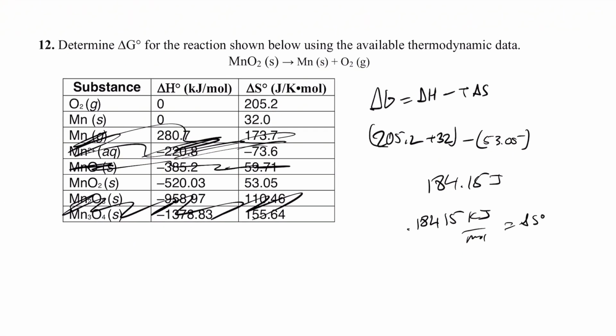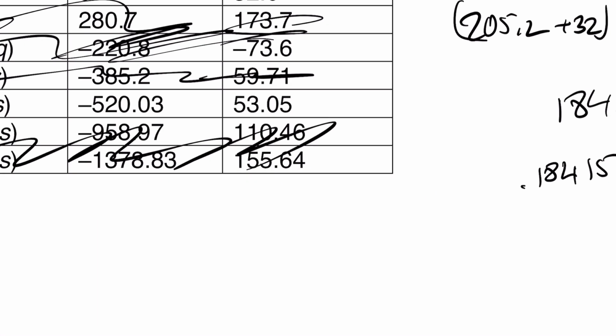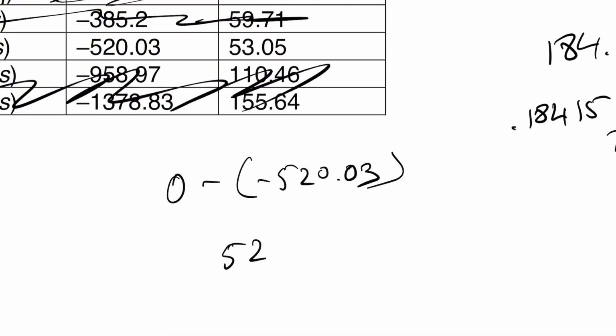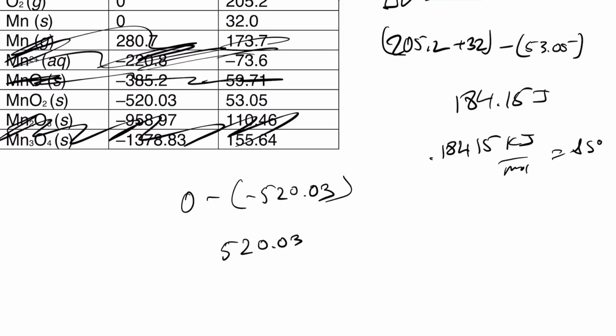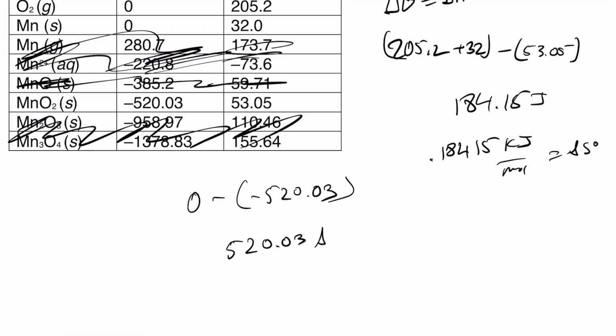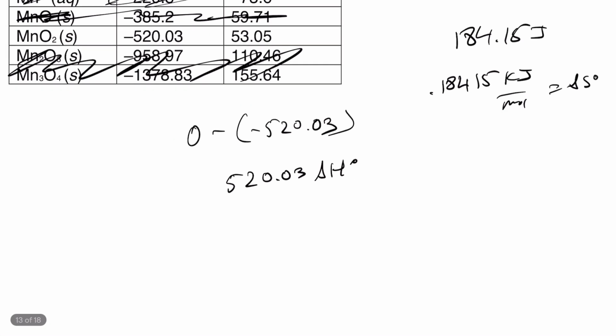All right, and then the last one, delta H. Delta H of any element is 0, but remember, it's products minus reactants, so you have 0 minus negative 520.03, and you get a total of 520.03. That's delta H standard, right? Now you put those in the equation.